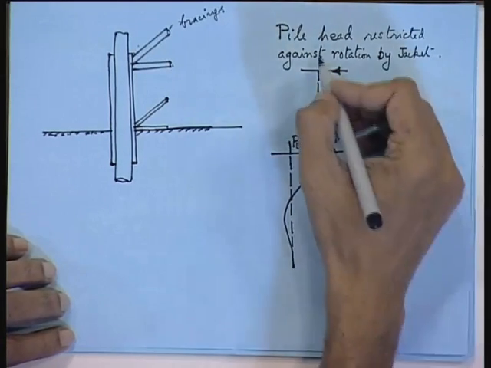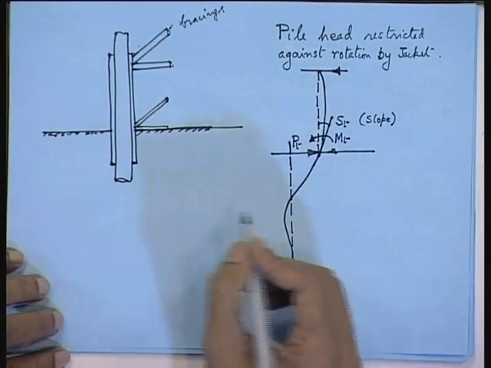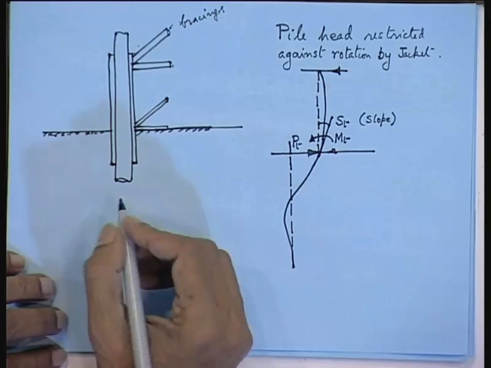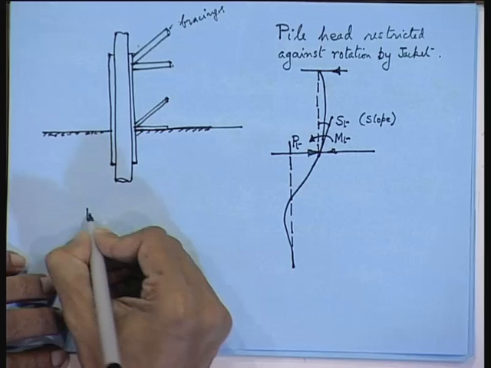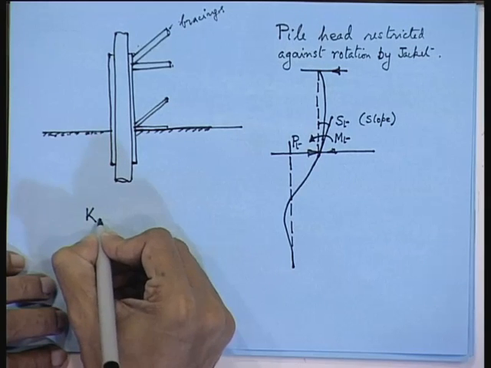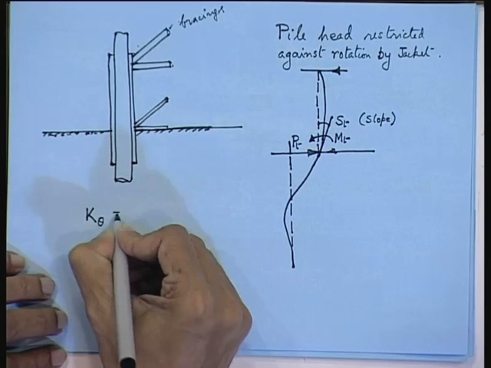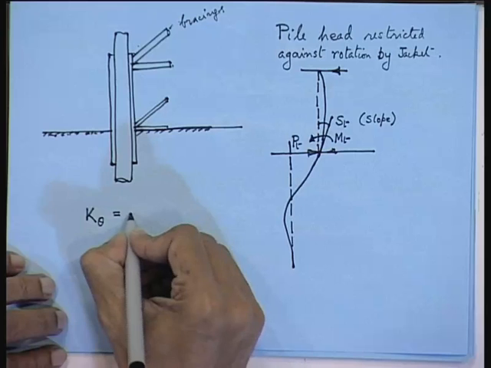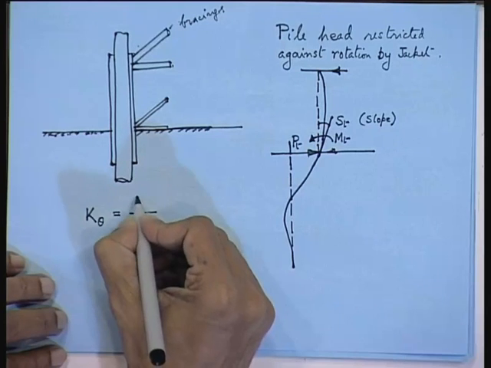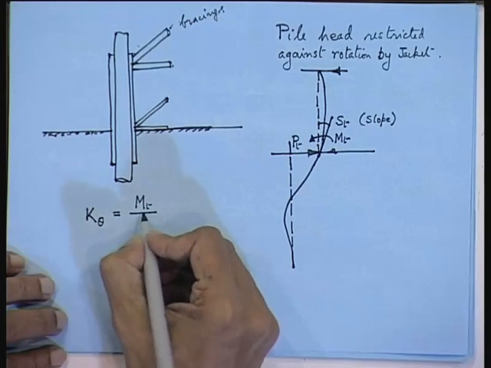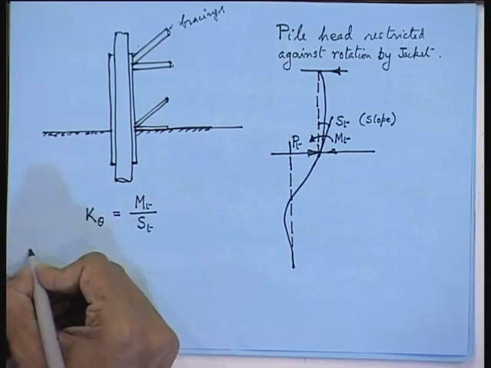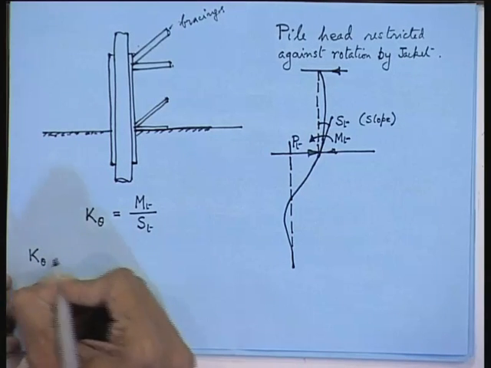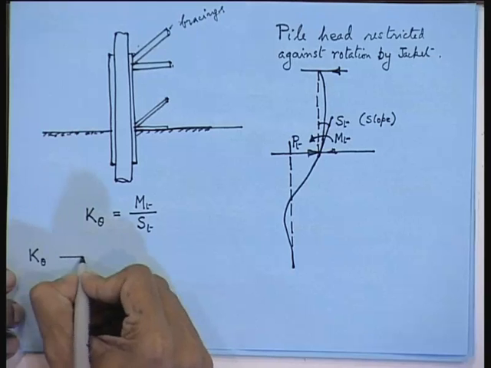Now, if you want to analyze this kind of pile, there is another factor which you should know, it is called the relative stiffness factor. So, this is defined as the moment divided by slope ST. So, K theta is called spring stiffness factor.